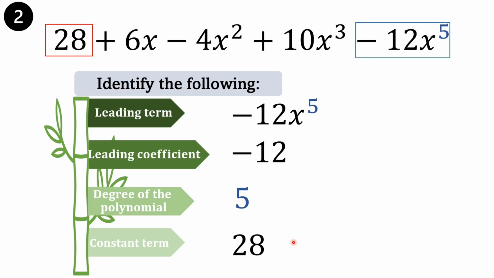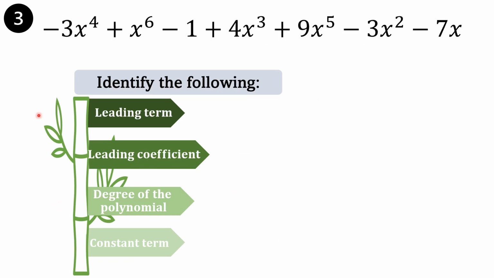Another example: negative 3x raised to 4 plus x raised to 6 minus 1 plus 4x cubed plus 9x raised to 5 minus 3x squared minus 7x. You need not arrange or rewrite the polynomial into standard form to identify the following.